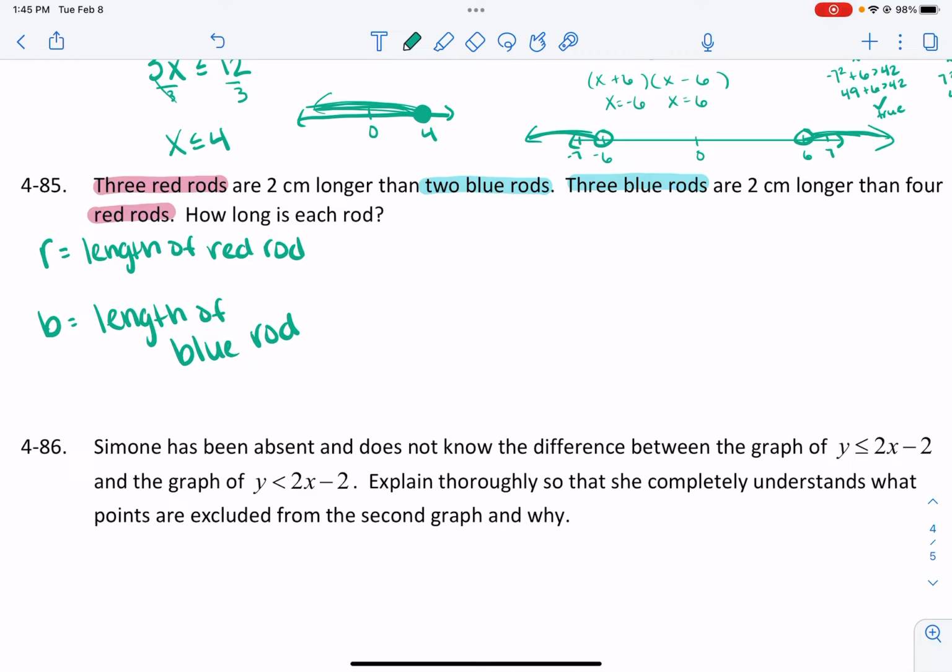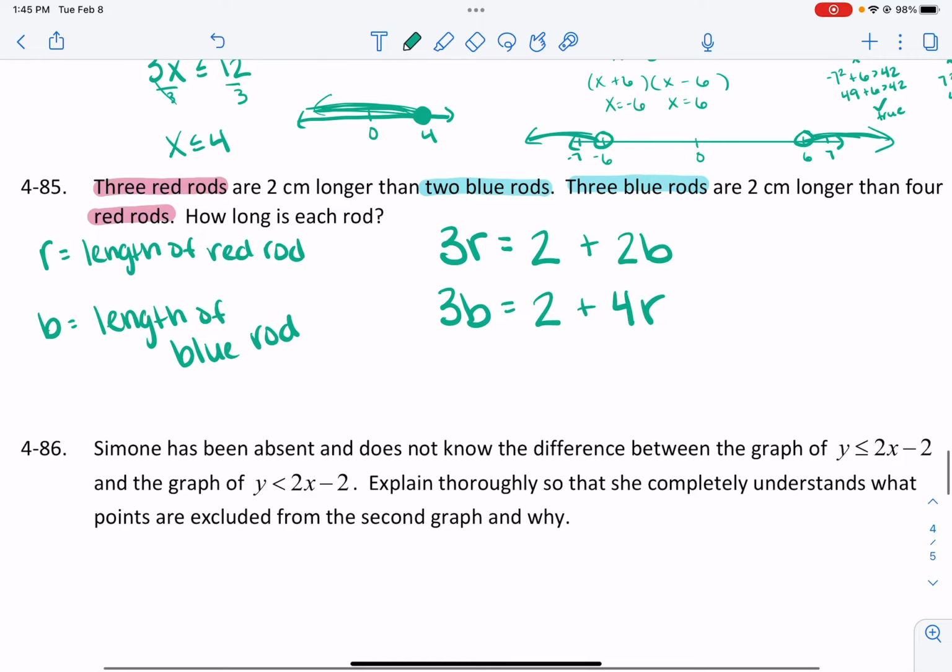Okay, so 3 red rods are equal to 2 centimeters longer than 2 of the blue rods. Okay, 3 blue rods are 2 centimeters longer than 4 of the red rods. Okay, how long is each rod?